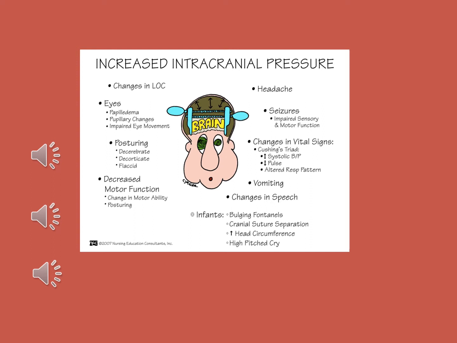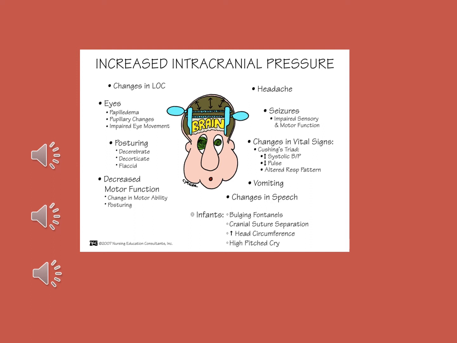When we have increased ICP, what causes the increased ICP? Well, it's because there's something else taking up space. We only have so much room for CSF, for brain matter, for blood, for all the parts of the brain. If we get a tumor or too much CSF fluid, or let's say a head injury where you get a bleed, that's taking up too much space, which then pushes on everything else.